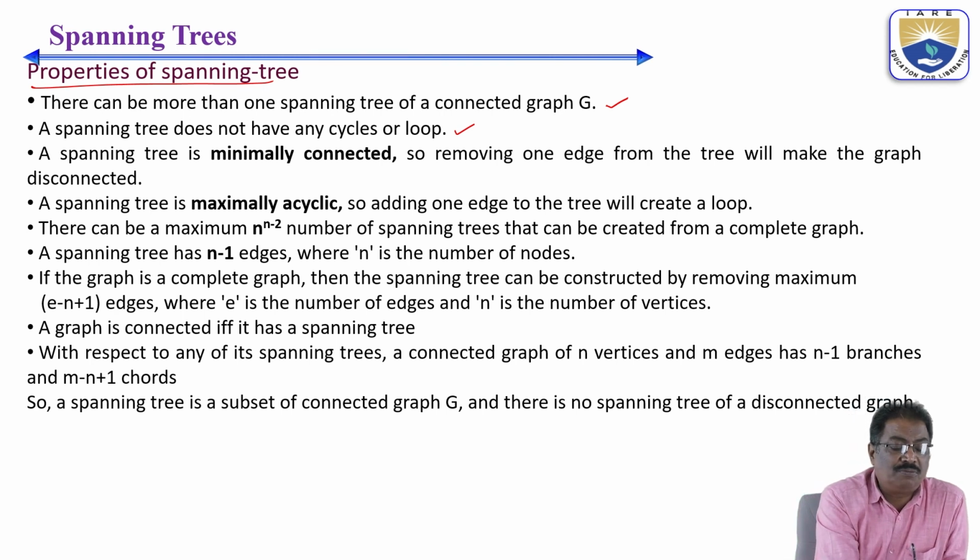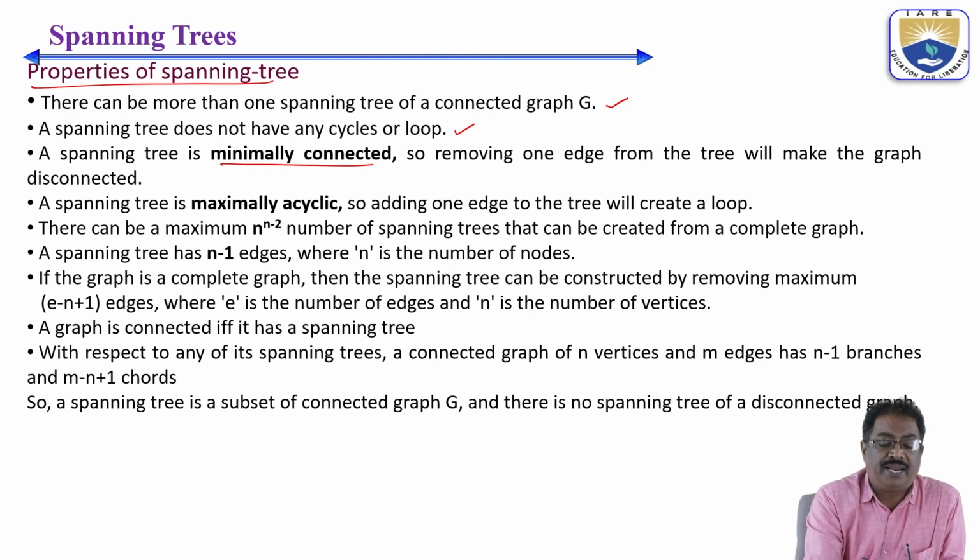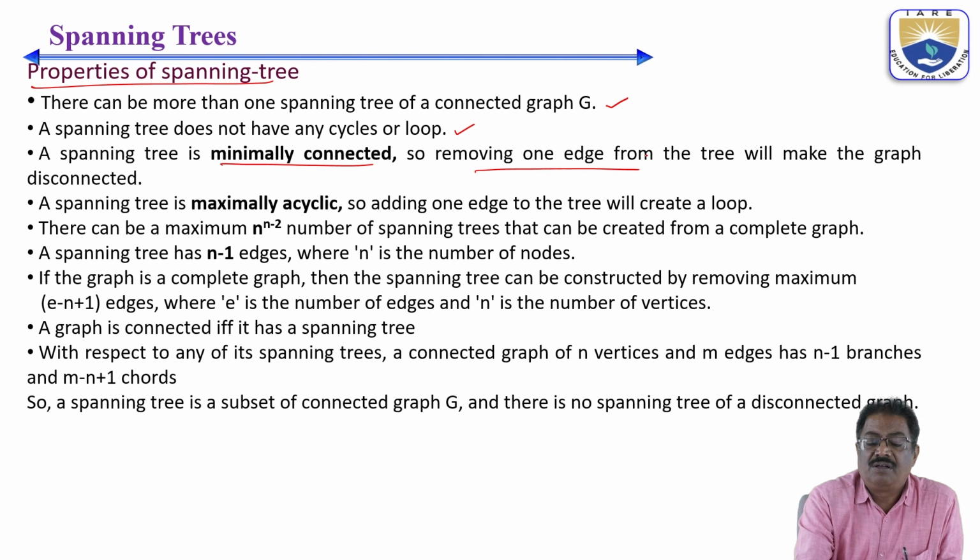A spanning tree is minimally connected. If you remove any one edge from the tree, the graph becomes disconnected.